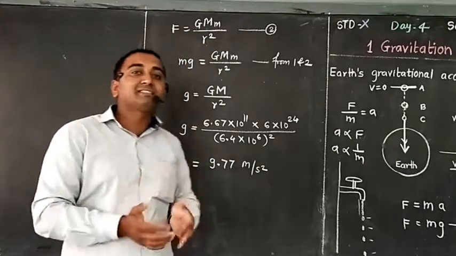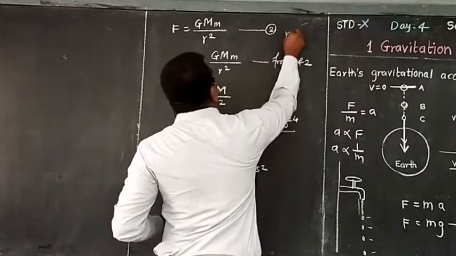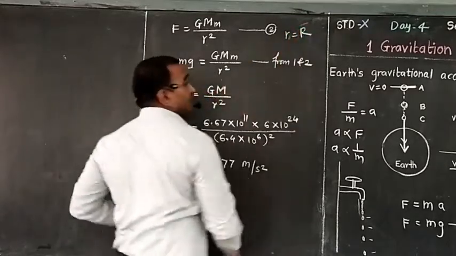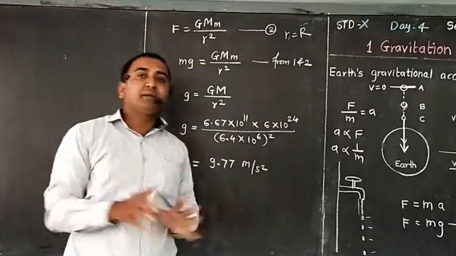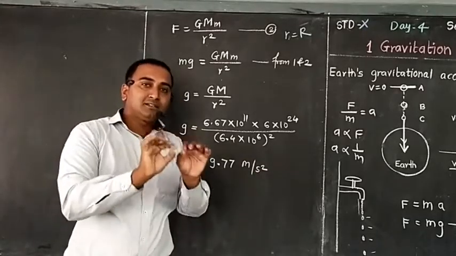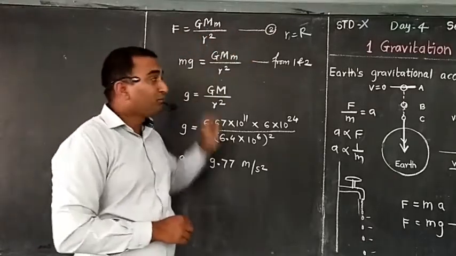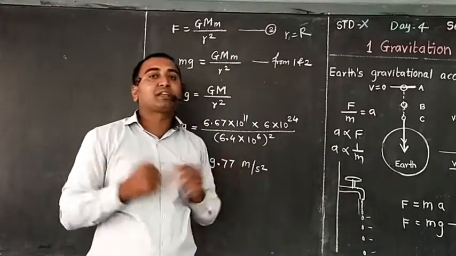If the object is on the surface of earth, then definitely here r is equal to the radius. But r is whatever the distance between the object and the center of earth. This is equation number 2. Both equations give us the gravitational force.